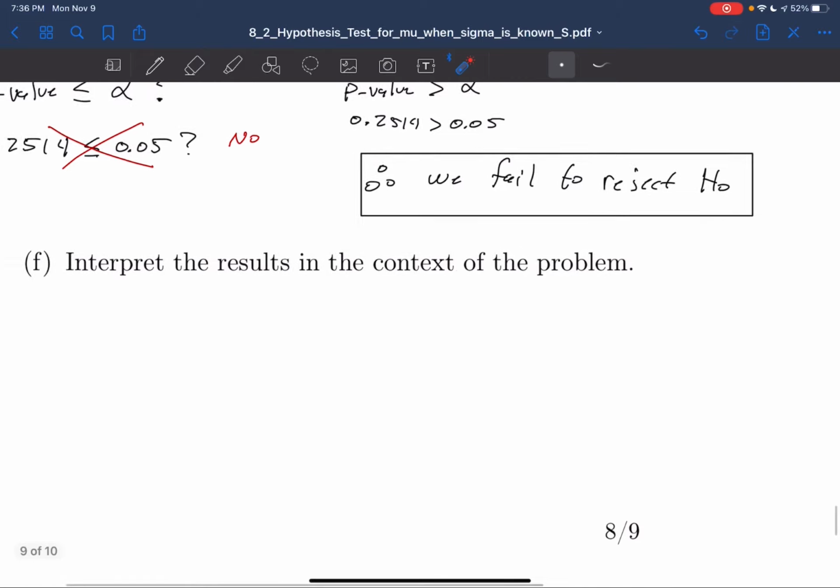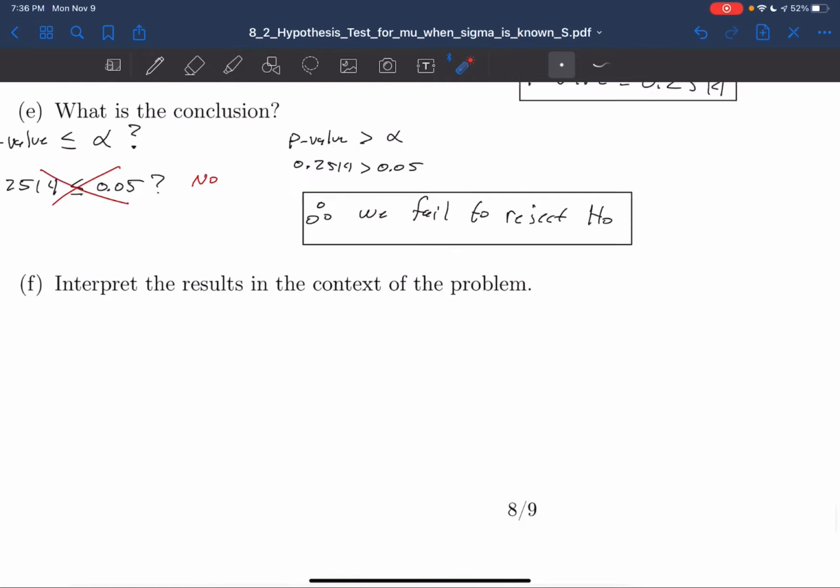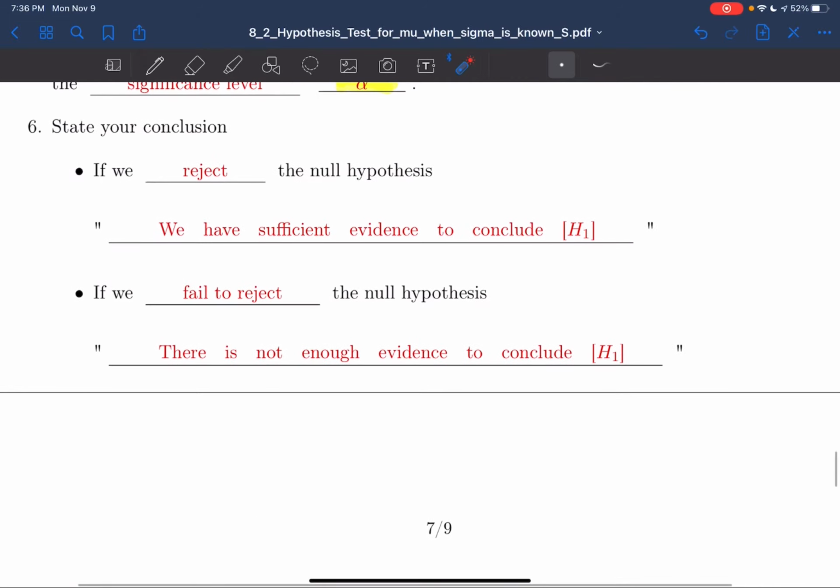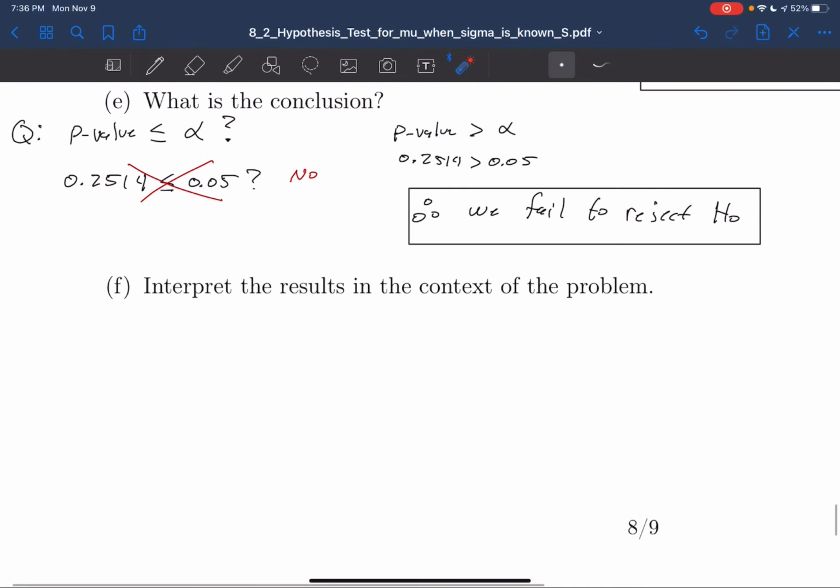Since we failed to reject our null hypothesis, we could say that there is not enough evidence to conclude, and then write down what our alternative hypothesis was saying.